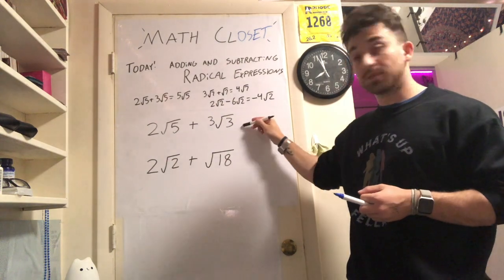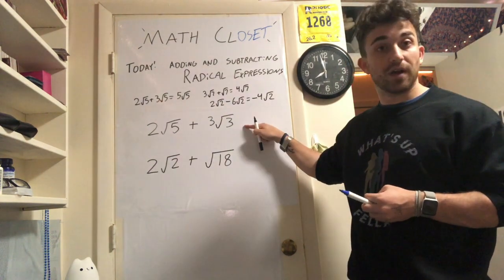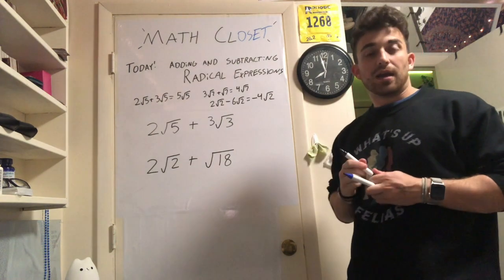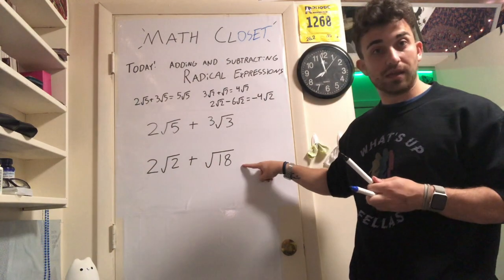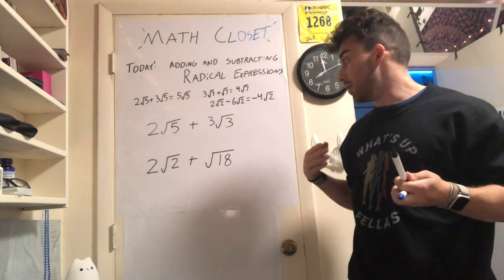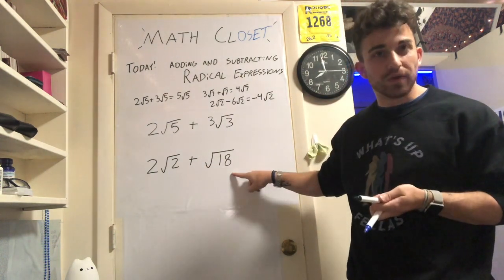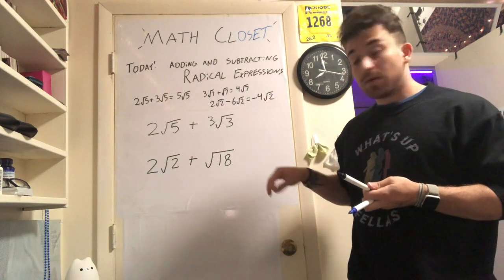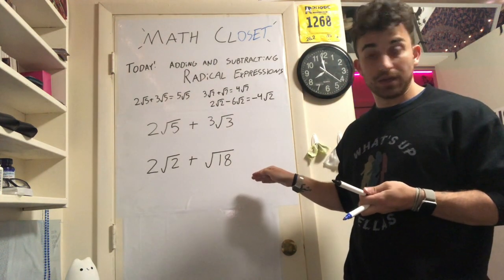And so for an expression like this, this is as far as you can go. You cannot simplify this further. And you might think a similar thing for an expression like this, right? So here we have a 5 and a 3, those are different, so you can't combine them. A 2 and an 18, also very different. The question you have to ask yourself is, is this as simplified as it can be?